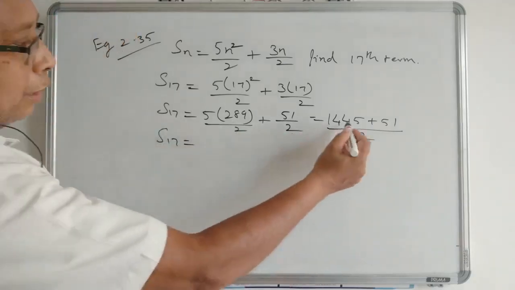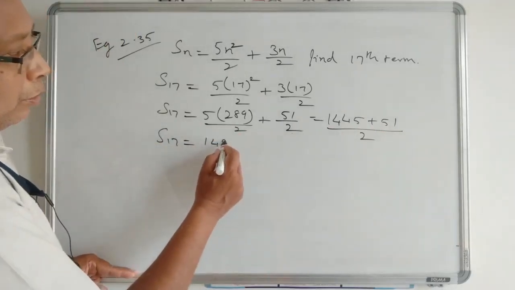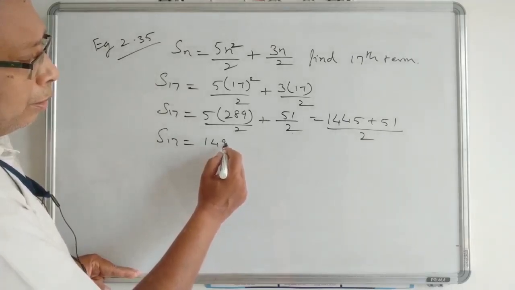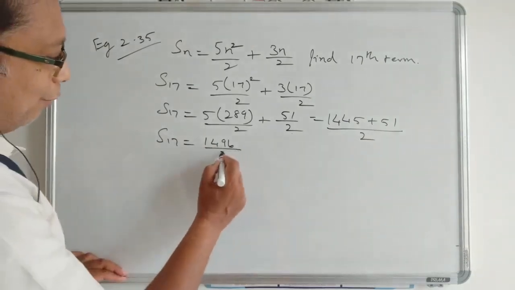Therefore S17 equals, we add both numbers, and we get 1496 divided by 2.